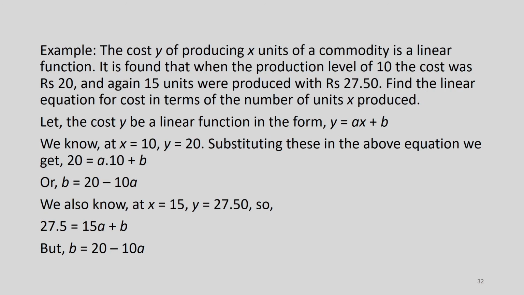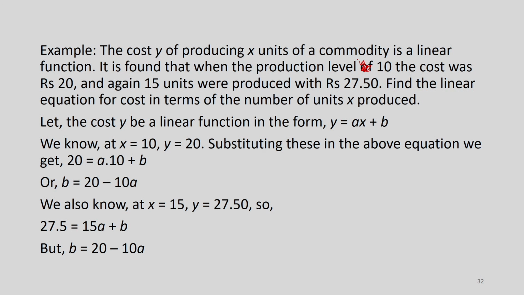Okay. Now, we take an example. The cost y of producing x units of a commodity is a linear function. It is found that when the production level is 10, the cost was 20 rupees, and again 15 units were produced with the cost of 27.50 rupees.